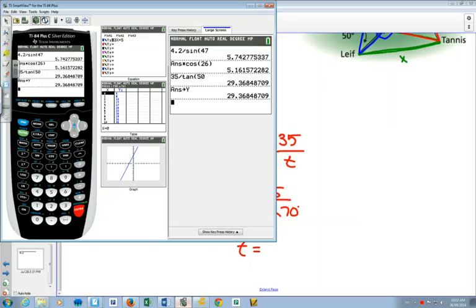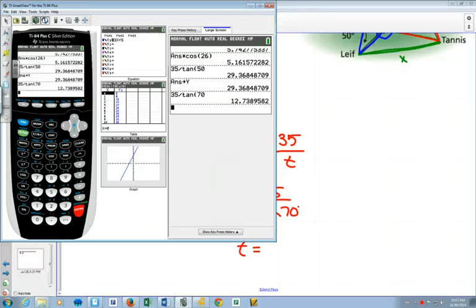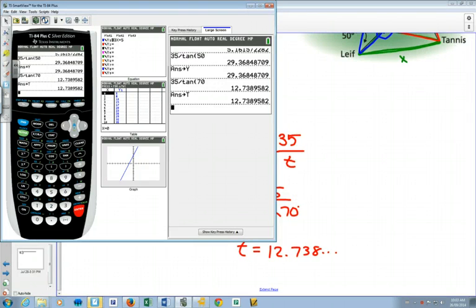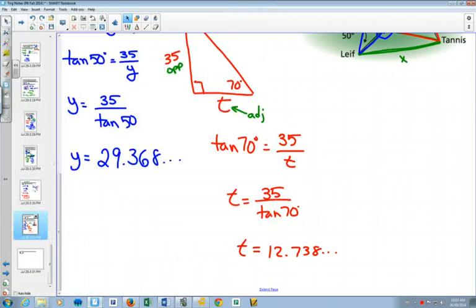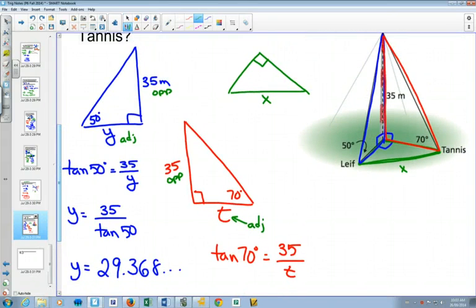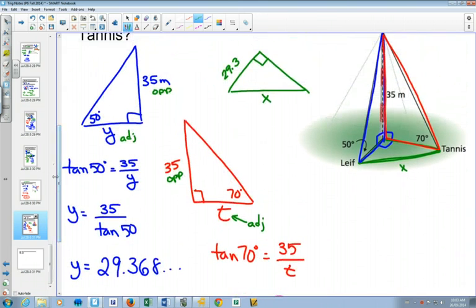Go to our calculator. 35 divided by tan of 70, 12.7. And I'm going to store that one, since we chose t, as the letter t. So now going back to our diagram, we figured out that this side is 29.3 and this other side is 12.7.